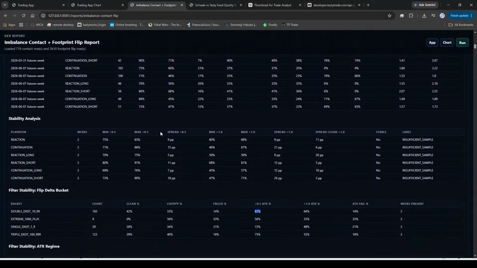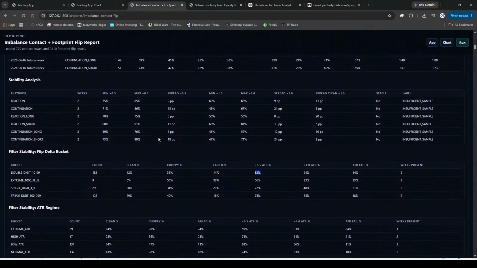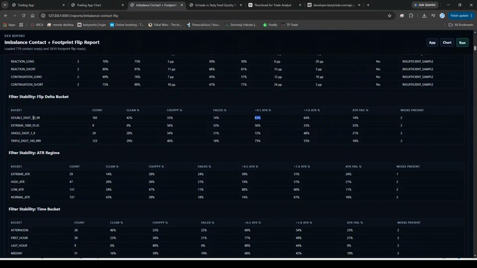Well, if I look at whether my delta was a double digit delta, my 0.85 ATR was actually 83%. And it was at 183, so the majority of it. But what you're seeing also is that on triple digit deltas, I didn't always hit ATR at a greater rate. So this is what pulled it down.